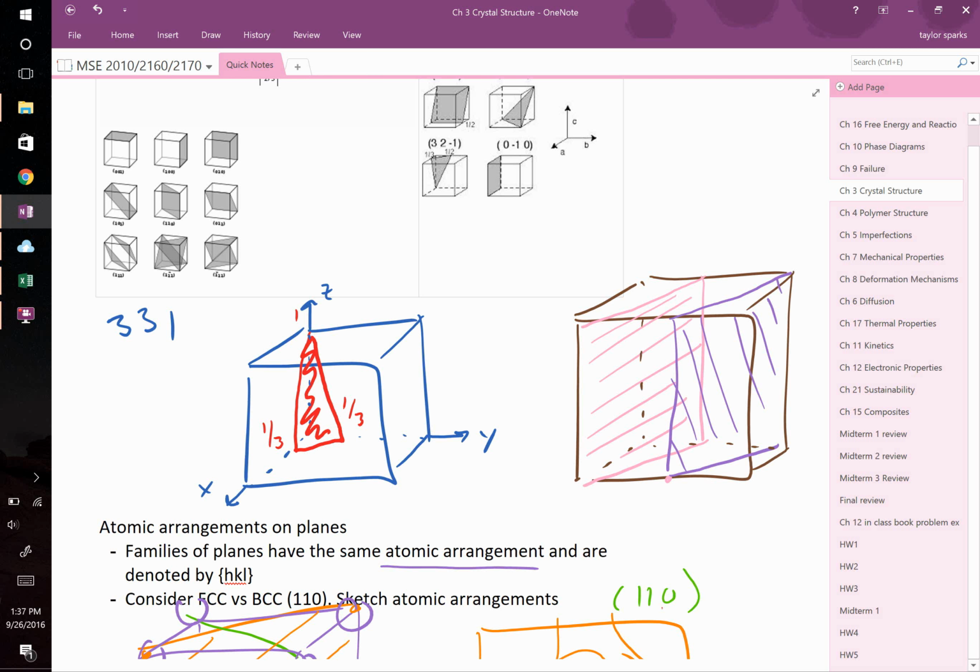Then you have 2 planes that would be in the same family, but not be the same plane. Is that correct? Let's draw it. If I were to rotate it and draw it, now you'd have a plane that would start here and go to here. For example, a plane like that. That would be in the same family of planes. It's not the same plane, it's in the same family. Yeah.